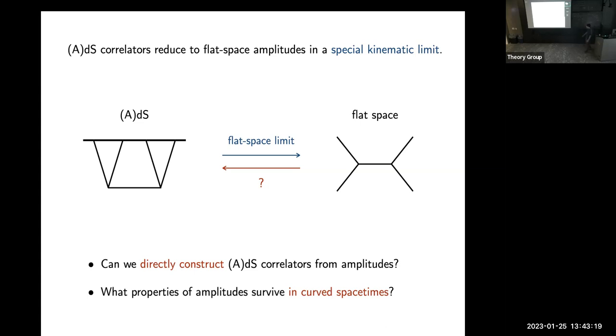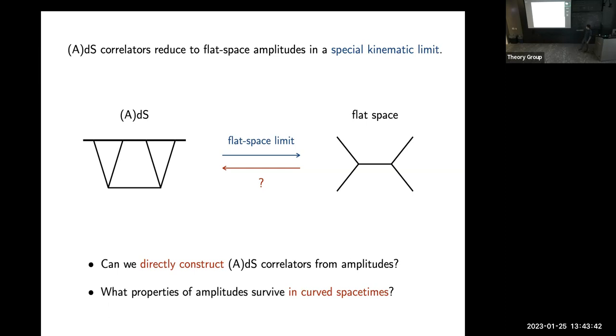Right now, the way we usually compute these correlation functions in dS and AdS is still somewhat complicated. So it would be extremely nice if you could simply take an expression of a given amplitude and somehow directly lift it to AdS and dS. I'm going to be more concrete about this question later in the talk.